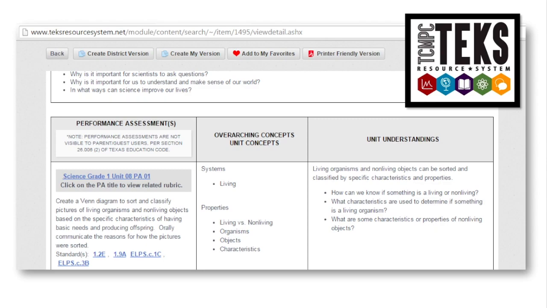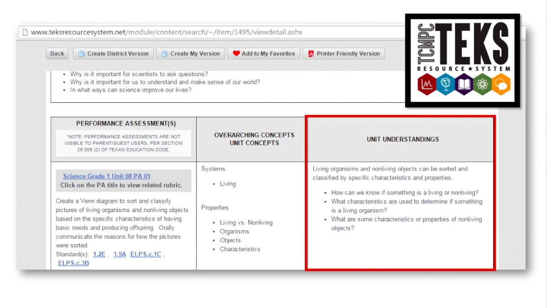So let's look at our TEKS Resource System curriculum. To write a quality lesson frame, we have some fabulous resources with our instructional focus documents and our pacing guides from Region 10. This is an IFD from first grade. Take a look at the right side of the IFD, and you'll notice that's where the unit understandings are written.